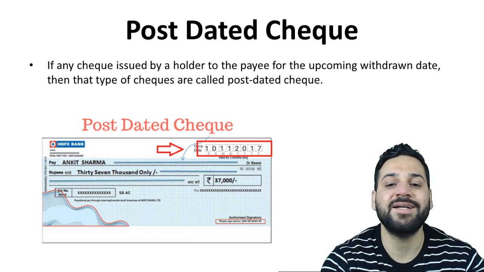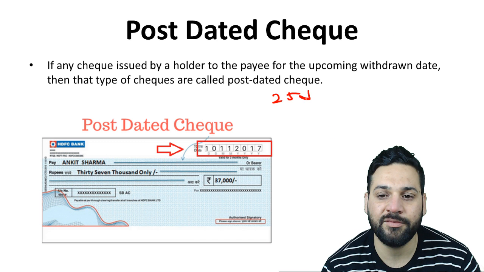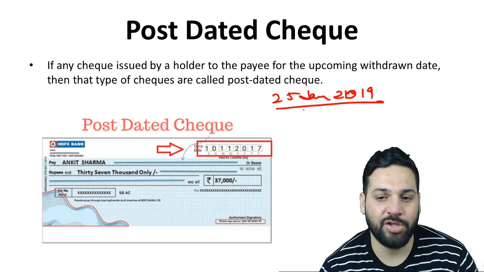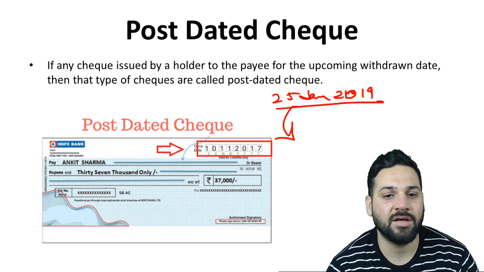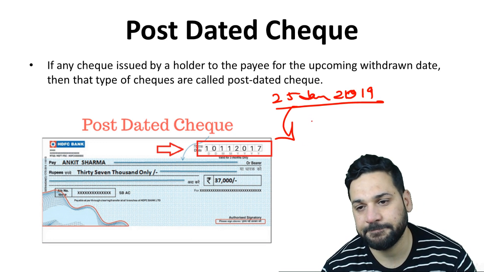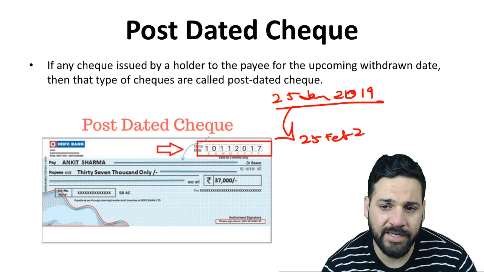What is a post-dated check? Today is, let's say, 25th of Jan 2019, and while issuing the check, I mentioned the date as, let's say, 25th of Feb 2019.